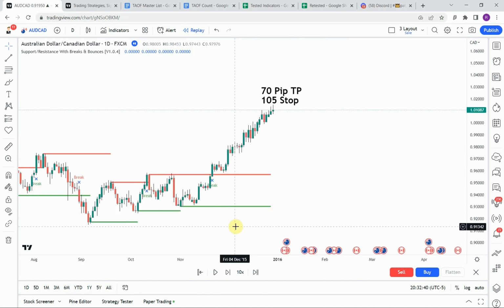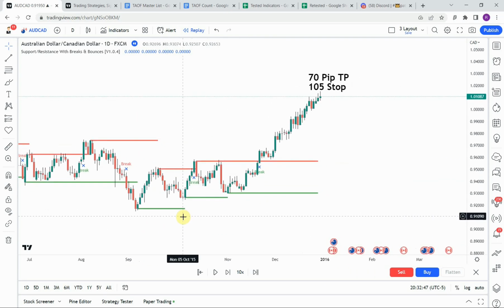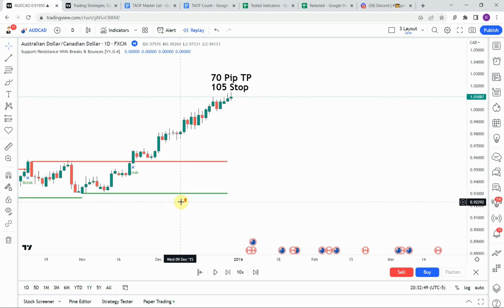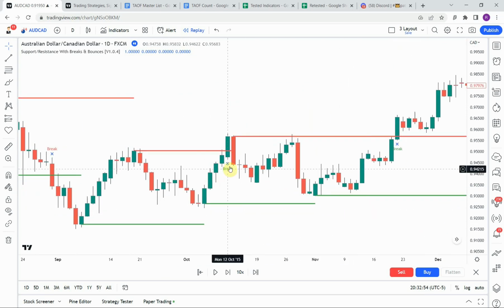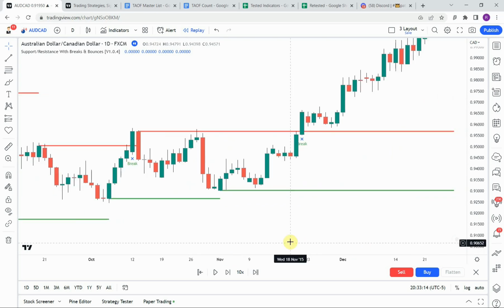And so in this particular case, what we are looking for is going to be the break of the support and resistance areas. So we're really just looking for these tags here, these X's, I guess you could say. Unfortunately, it doesn't make the words larger when I zoom in. That's something that I wish TradingView would fix. Nonetheless, you can see these X's right here, blue X there, and you can see that we get the word break and the word break right there.